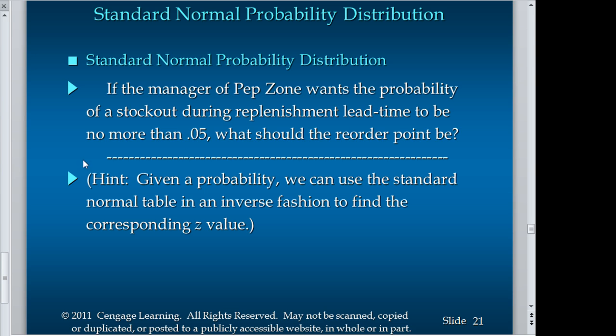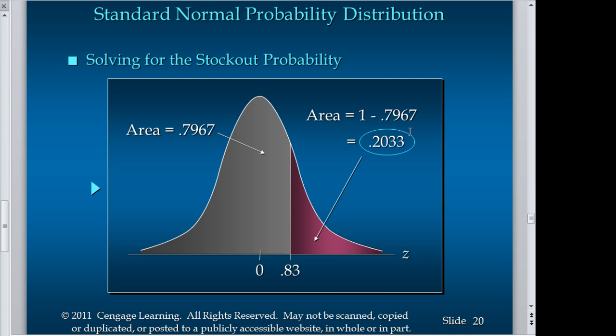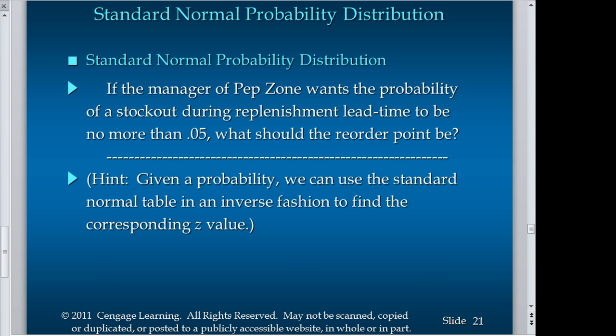Now, going back to the previous example, what's the probability that it'll be exceeding 20 gallons? The probability at the end was about 20%, right? This time, the manager wants no more than 5%.